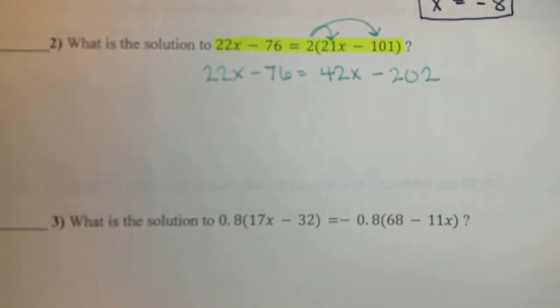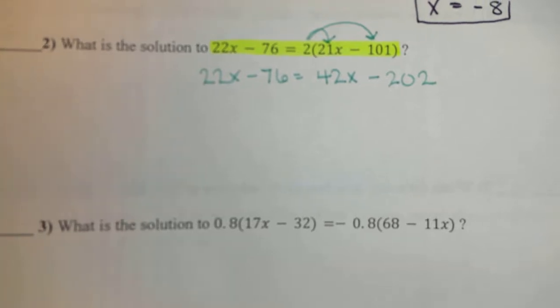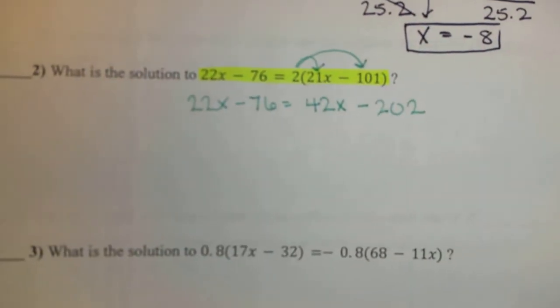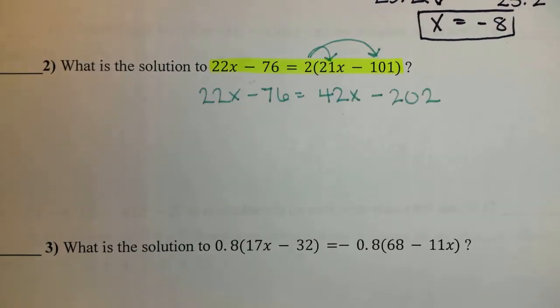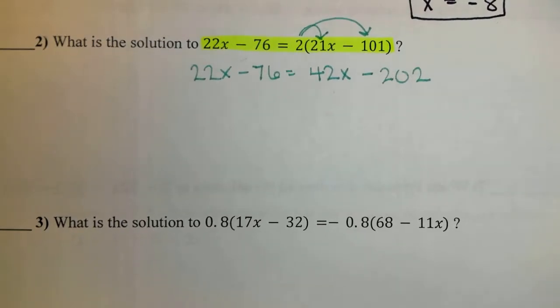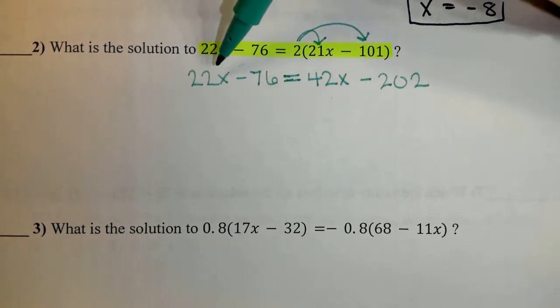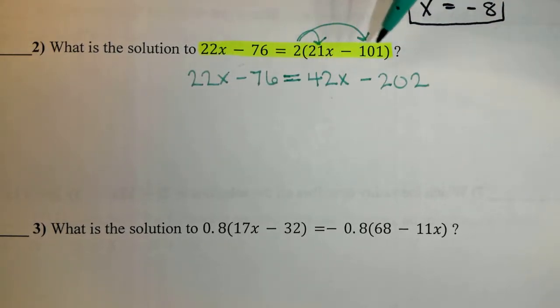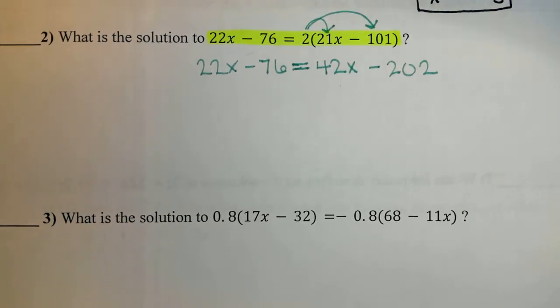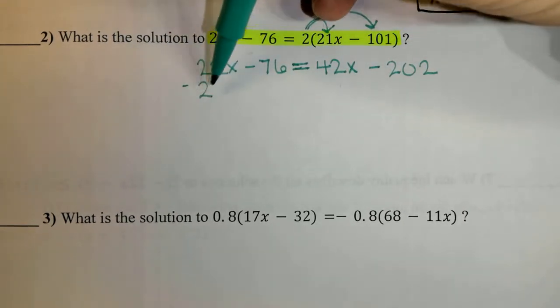If my camera will focus. There we go. Alright. I cannot combine like terms because of my equal sign. So I need to move my x's to the same side and my numbers to the other side. And I always move the smaller x. Again, you don't have to.